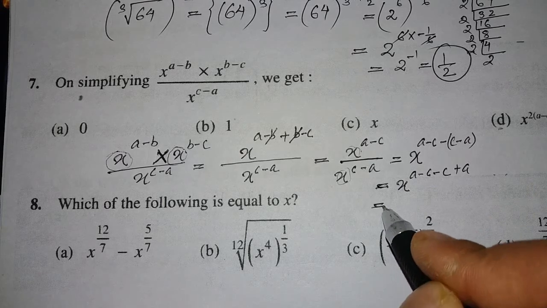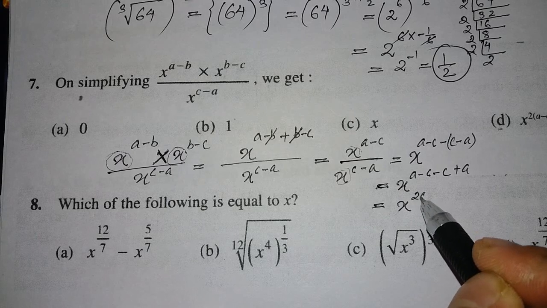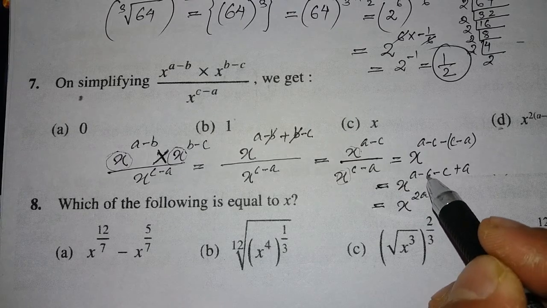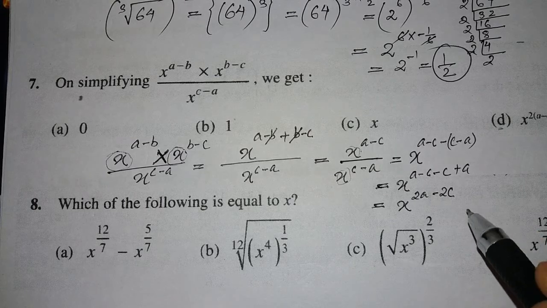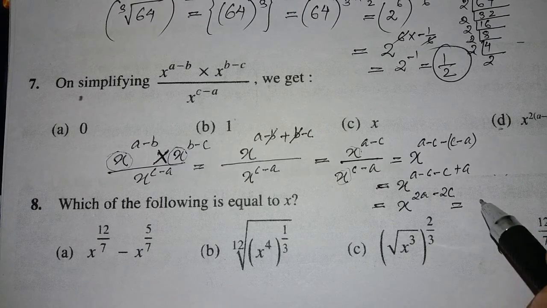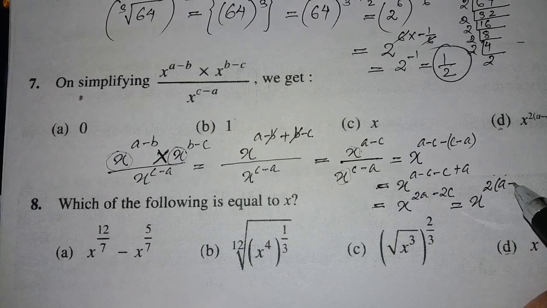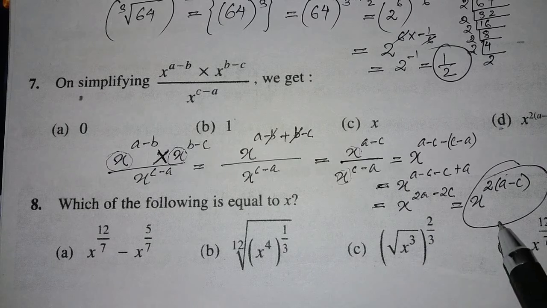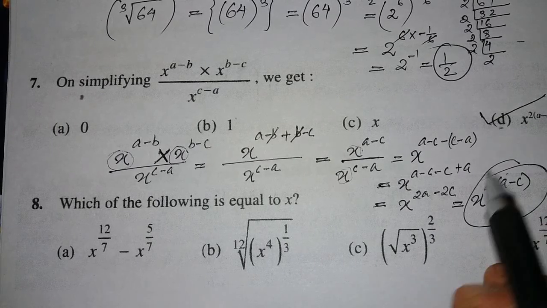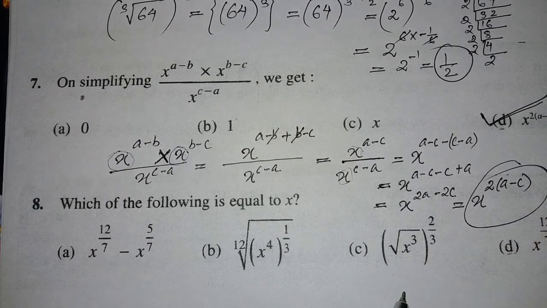Now a plus a is 2a, and minus c is minus 2c. You can take 2 common here, and you get x to the power 2 into a minus c. So this is our answer, which we get in D. So this is the right option.